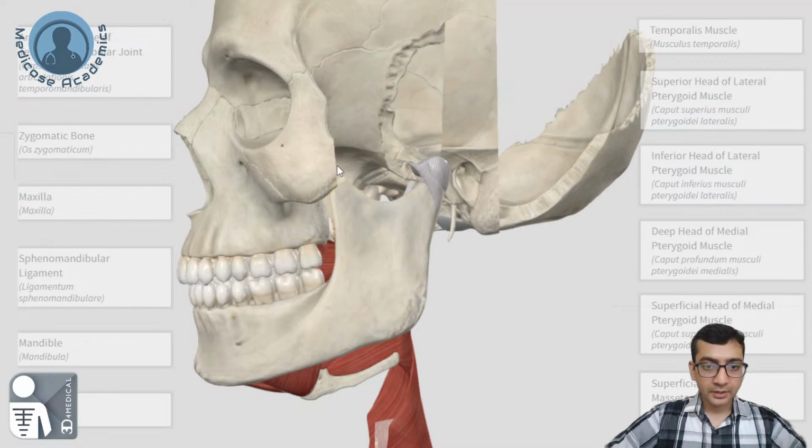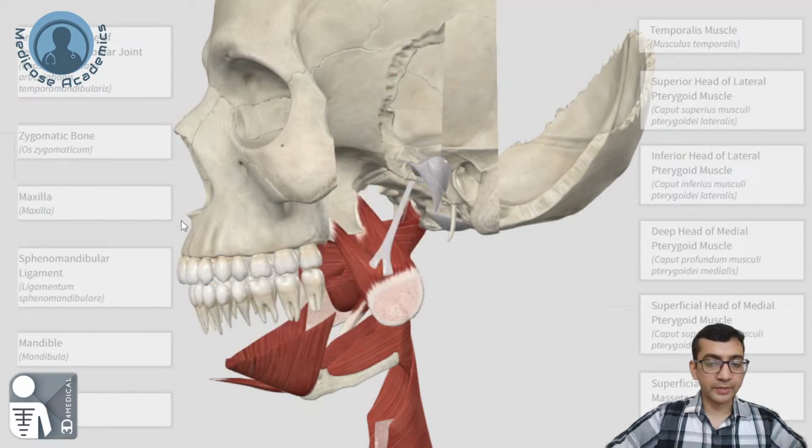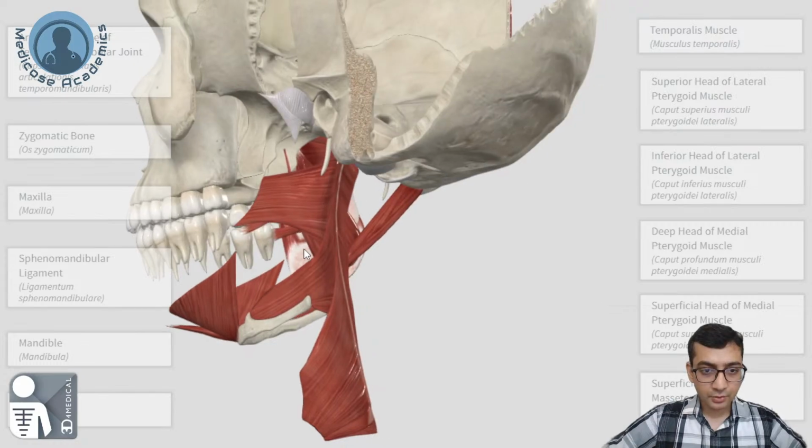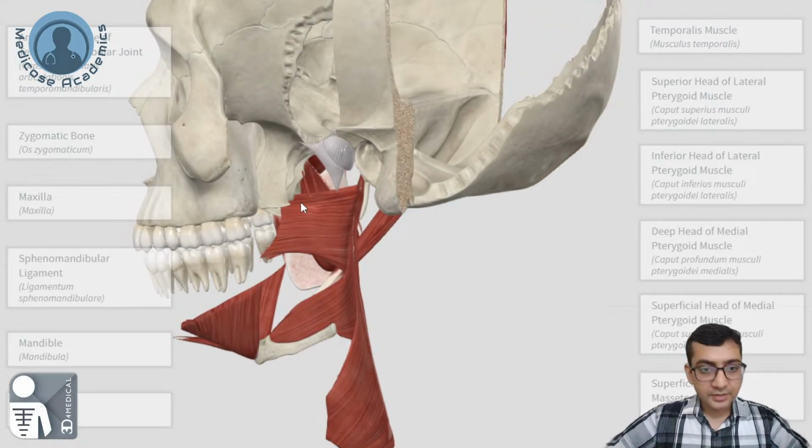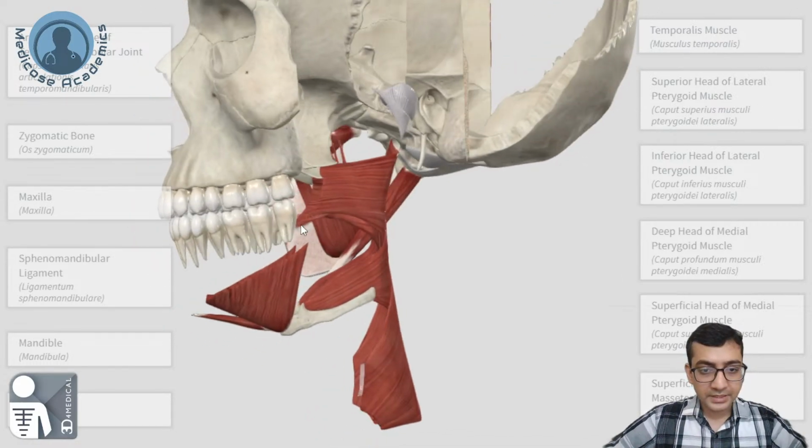Let's remove them and let's remove the mandible itself. Let's remove the medial pterygoid and stylomandibular ligament. Okay, it brings us to here.